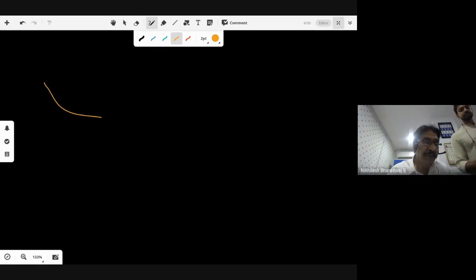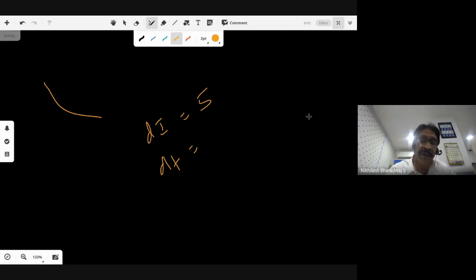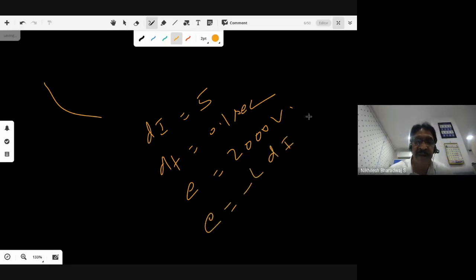So what has he given? What is the change in current? 0 to 5. What is dt? 0.1 second. Then EMF is 2000 volt. Then for self-inductance, you know that E is equal to minus L into di by dt. Negative sign indicates it decreased from 5 to 0.